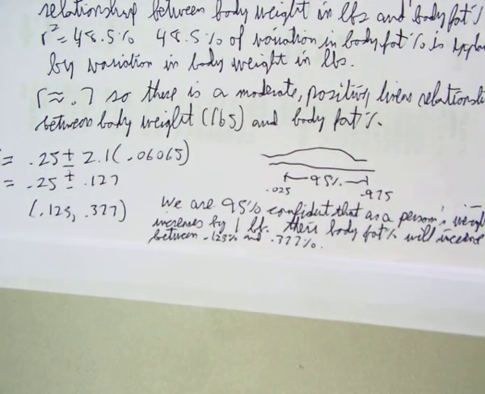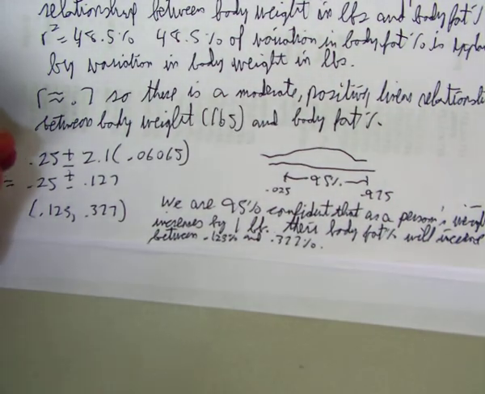So as one person's body weight goes up 1 pound, their body fat percentage goes up between 0.123% and 0.377%.